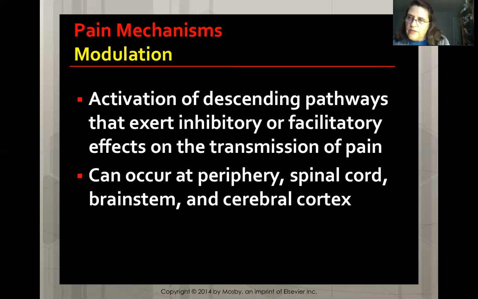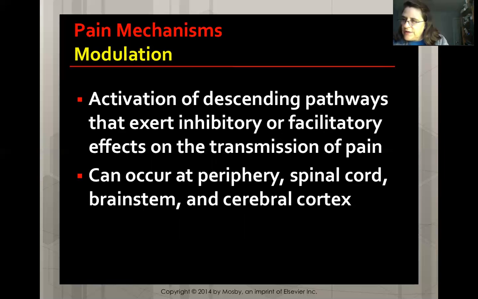Modulation is the activation of descending pathways that exert inhibitory or facilitatory effects on the transmission of pain. These descending modulatory fibers release chemicals such as serotonin, norepinephrine, GABA, and endogenous opioids that can inhibit pain transmission.